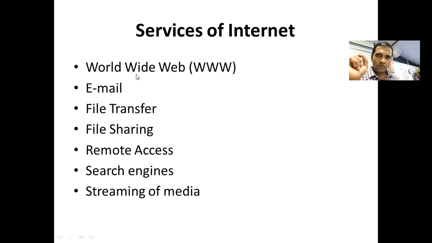Whenever we want to send a post, we put it in the post box in a post office, then it is transferred to some other post offices. Finally, it reaches the destination. That sending or exchanging of posts is called mail.